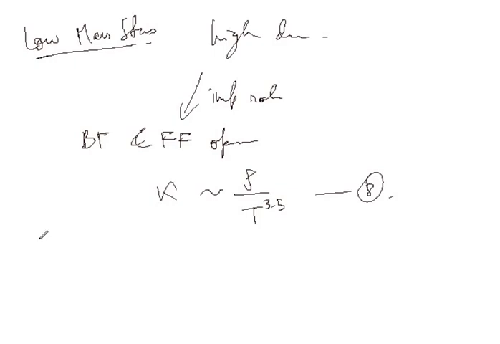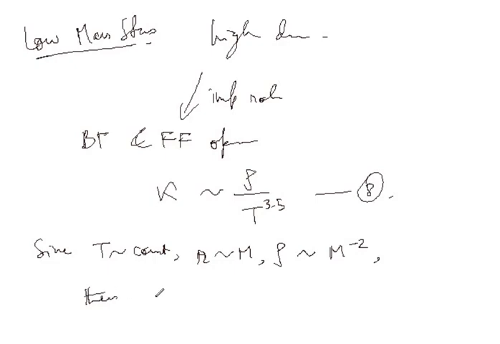Now, you see, since T is of the order of constant, R is of the order of M, and rho scales as M to the power minus 2, then this kappa scales as rho to the power minus 2.